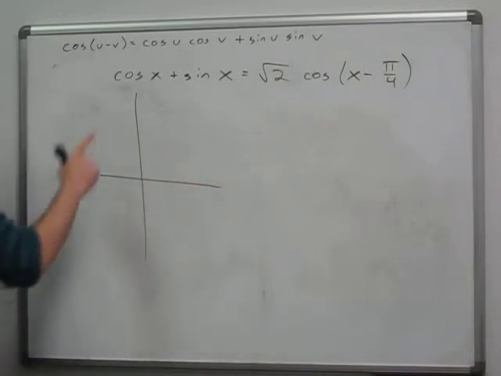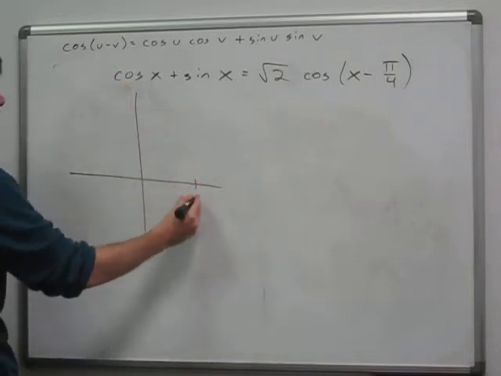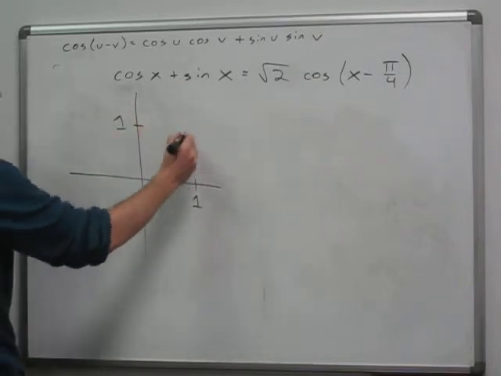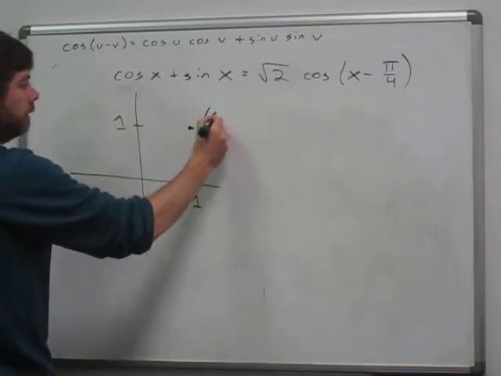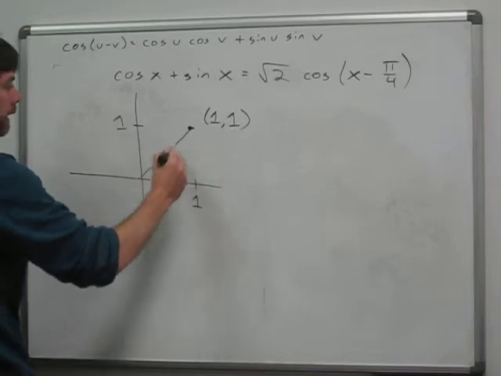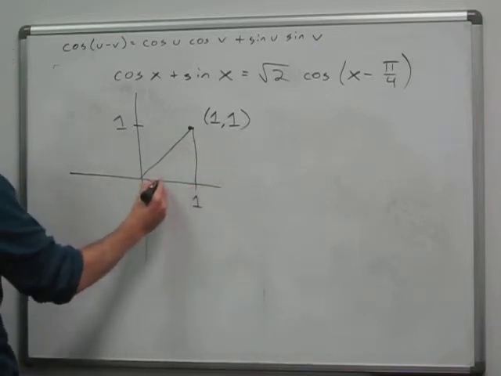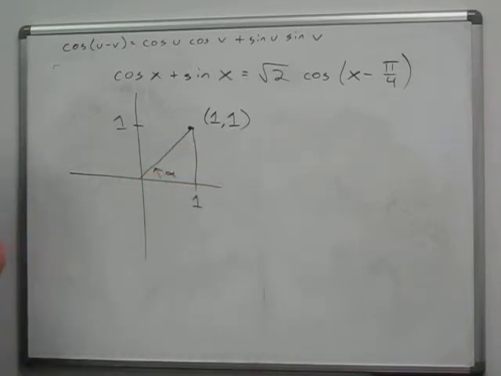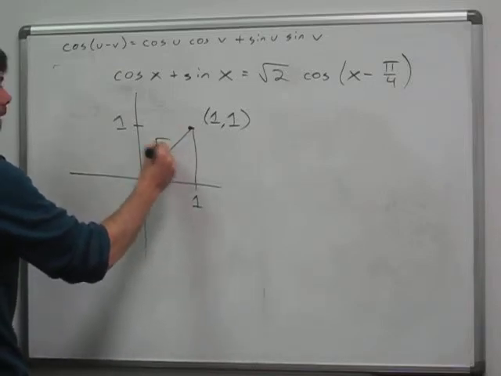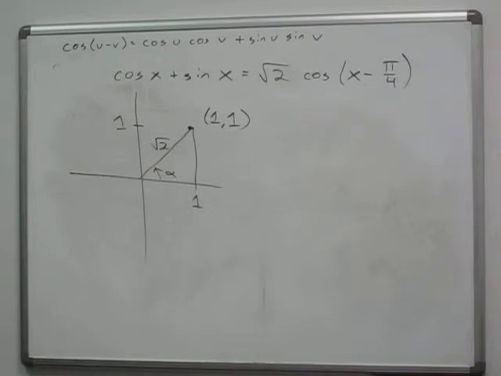So the picture here: the coefficient on the cosine is 1, the coefficient on the sine is 1, so the ordered pair is just 1, 1. So if I look at this triangle here, this is the alpha that I want. The length of the hypotenuse using the Pythagorean theorem is root 2.